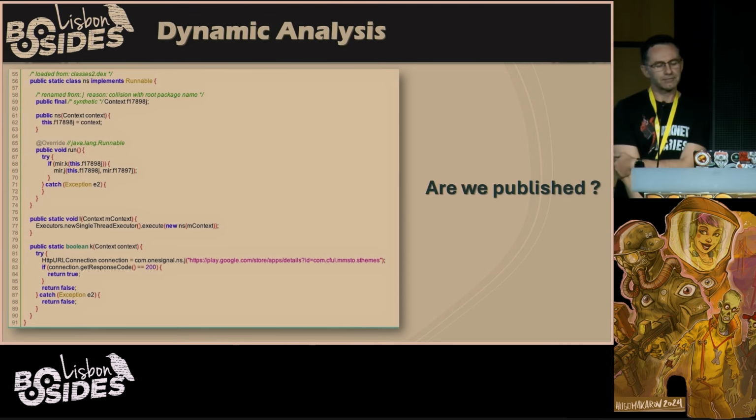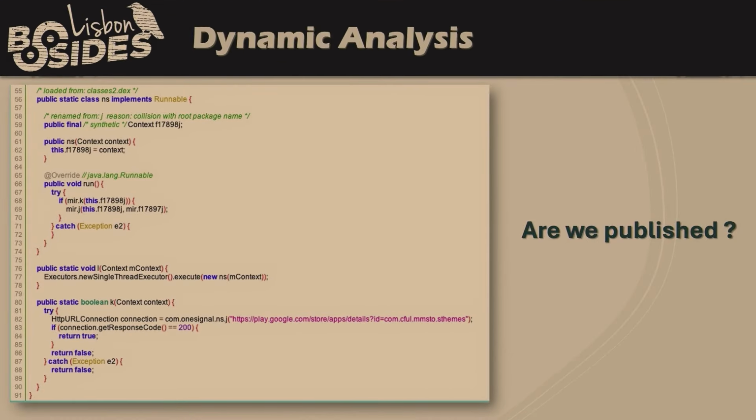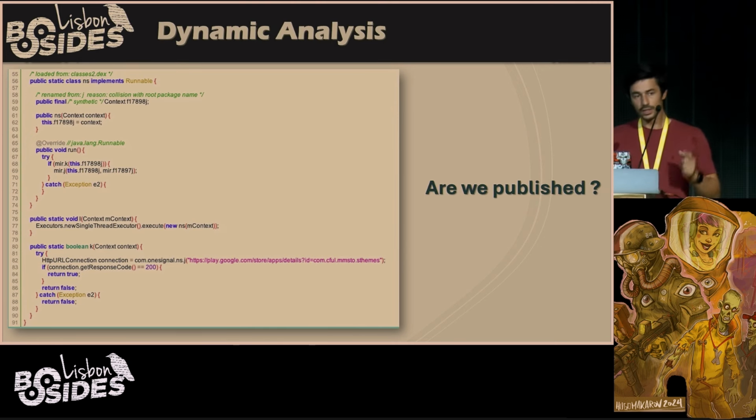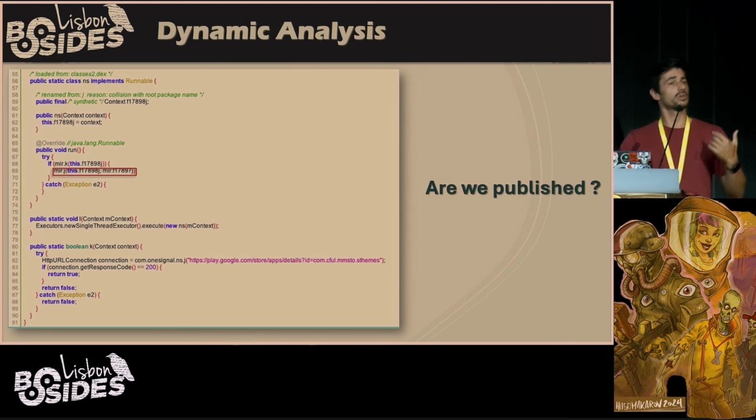And then another creative one. Are we published? So again, malware developers know there's an evaluation process every time you publish an application to the Play Store. It's not immediately accepted. So what they do is they try to check if their own app is already published or not. For example here, this method triggers the malicious behavior.